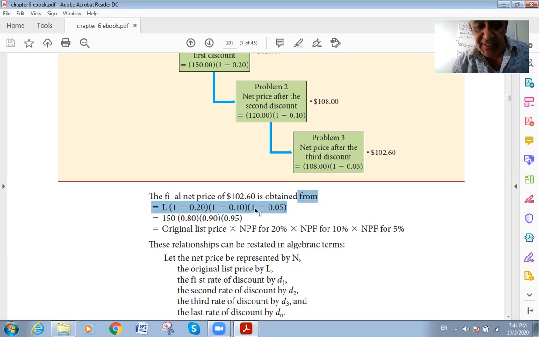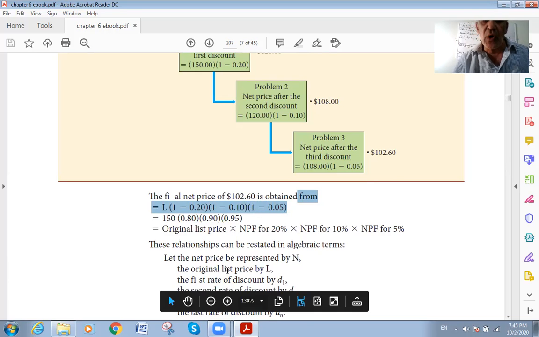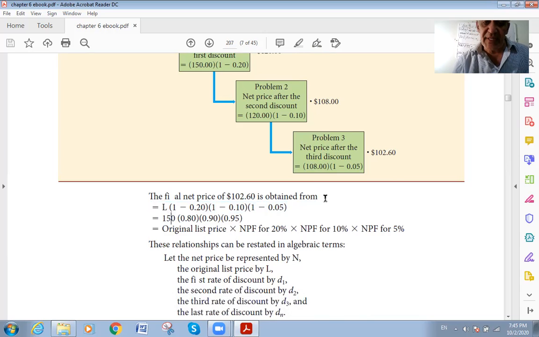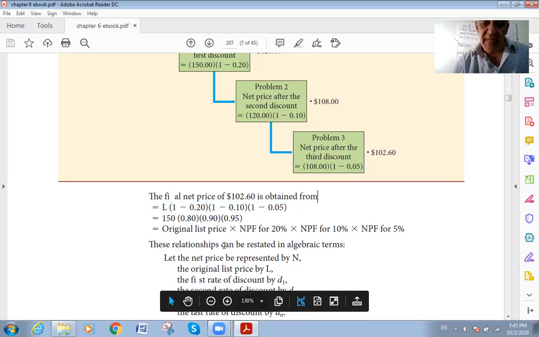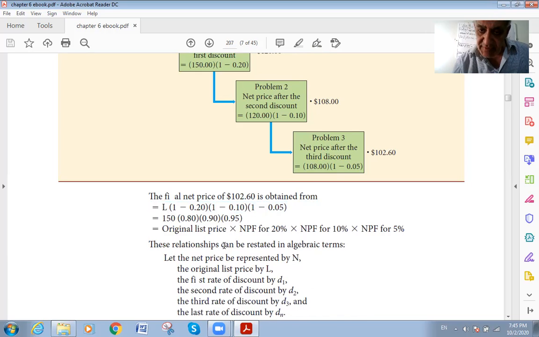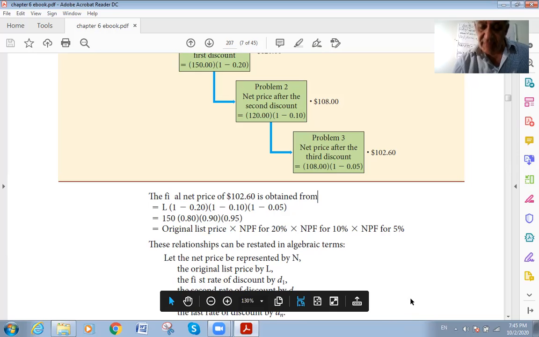I took all of it in one line. So the final net price will be the original net price for 20%, and net price for 10%, and net price for 5%.